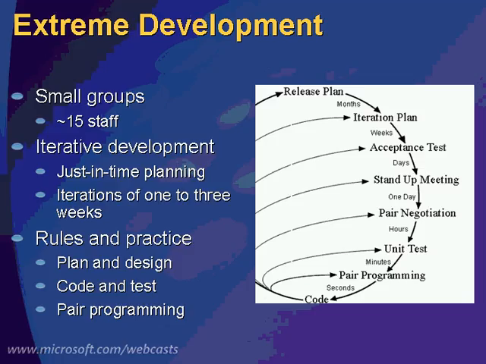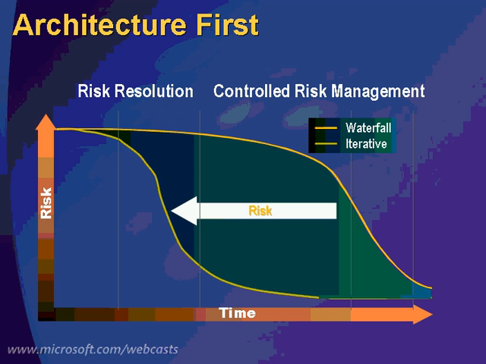I haven't seen this done in practice very much, but I understand that it is very effective. Another common practice here is to write all the test cases first and then code to pass those test cases. So that's another look at a very extreme methodology here.